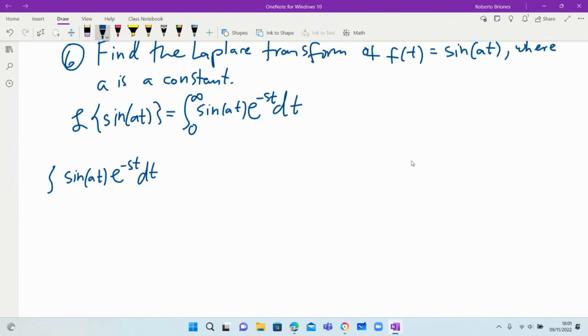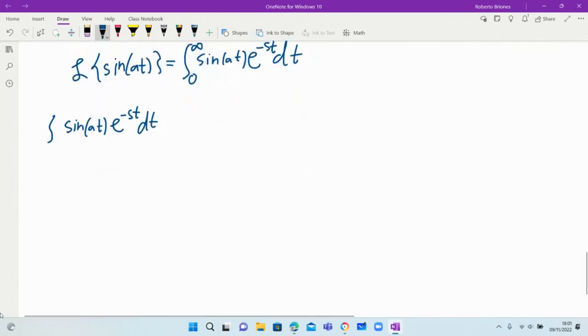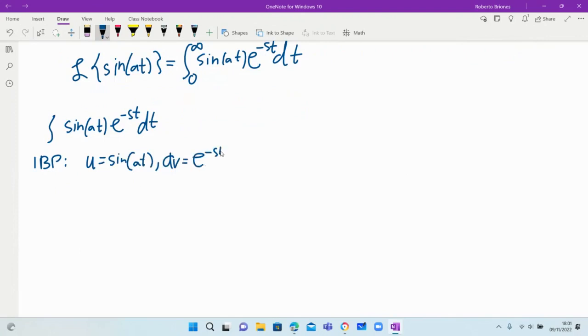And the means by which we determine that is again by integration by parts, where we let the function u be equal to sine of at and dv is equal to e to the negative st dt. This will imply the following.